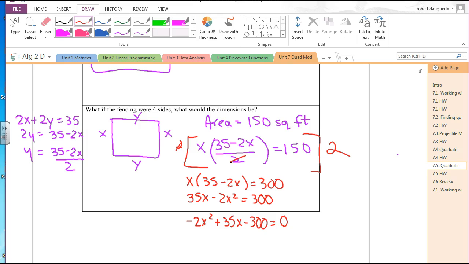You've got factors: 2 times x times (35 minus 2x). I'm multiplying everything up here by 2, but I'm also dividing by 2. So 2 over 2 is equal to 1.